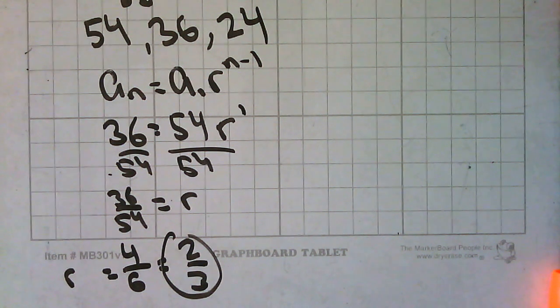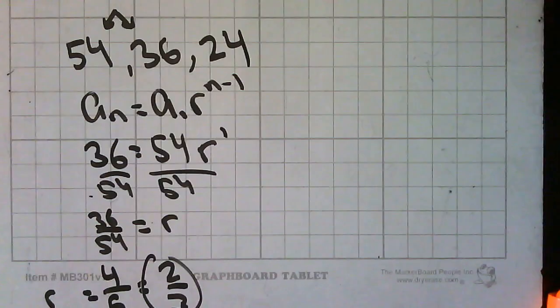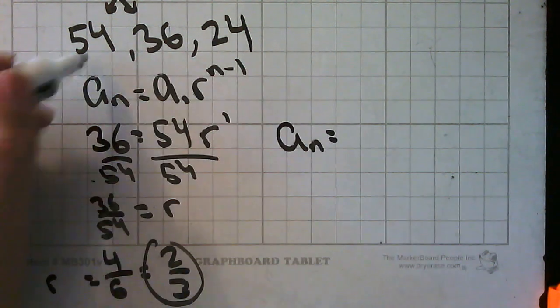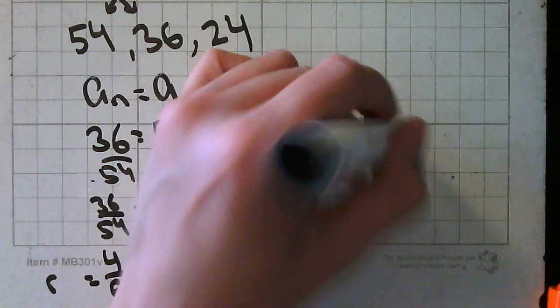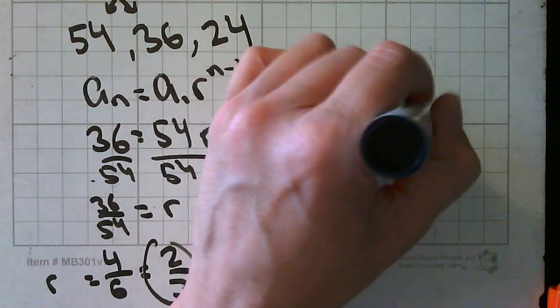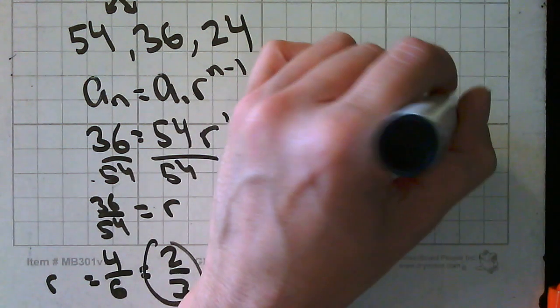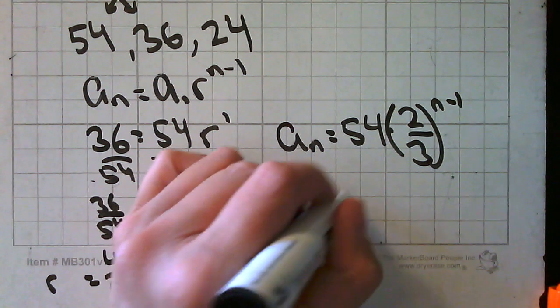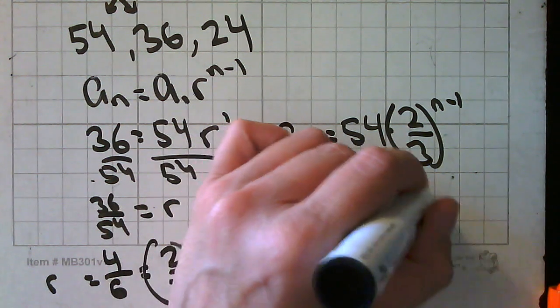Okay. So now let's say we want the 5th term. We're going to write our equation now as a_n = 54 times (2/3) to the n minus 1. We're going to plug in our numbers here: 54, 2 over 3.